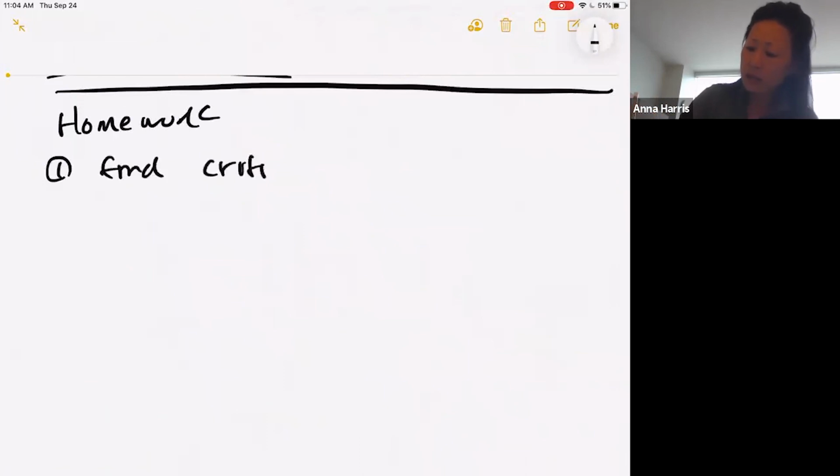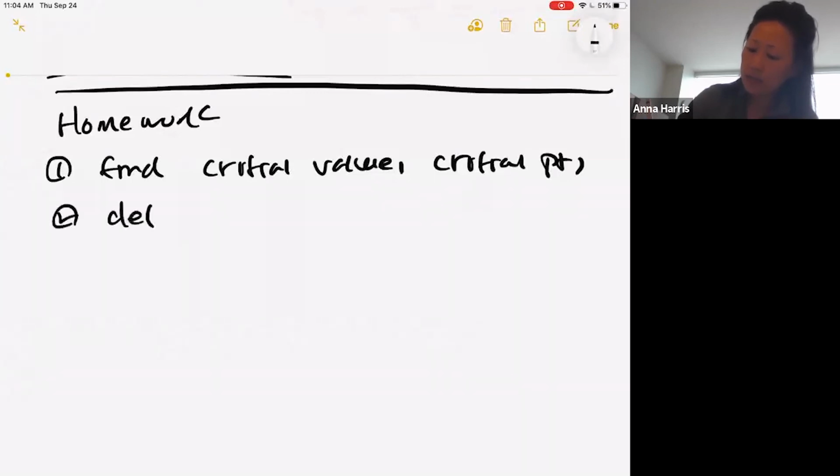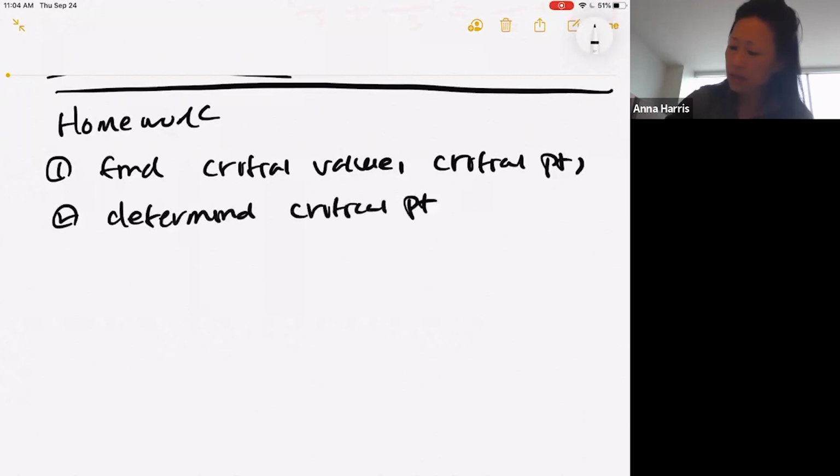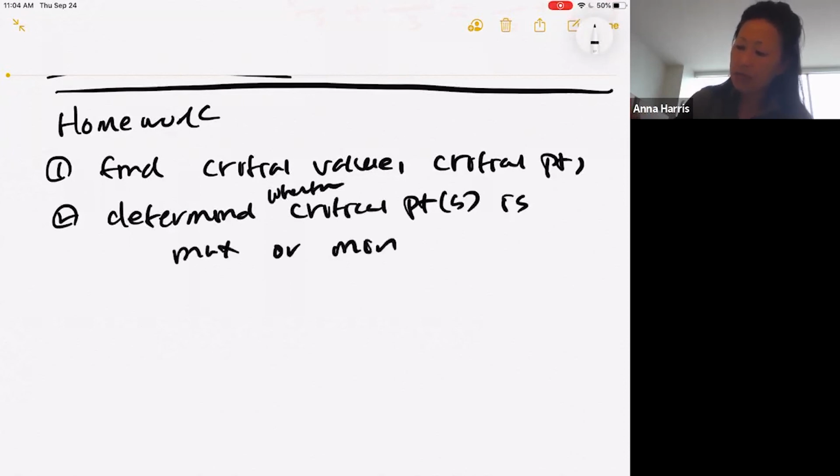Find the critical value, critical point, and determine whether the critical point is a max or min. Make sure homework is what? Show your work.